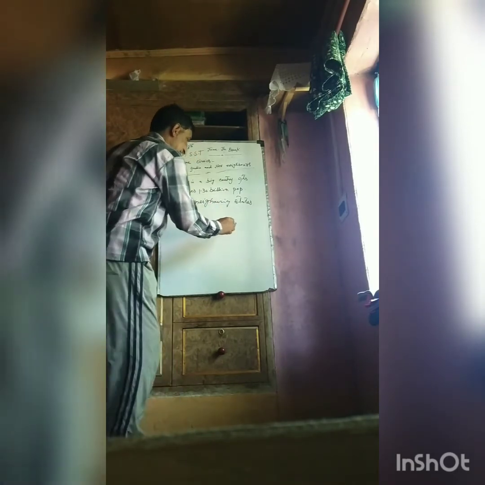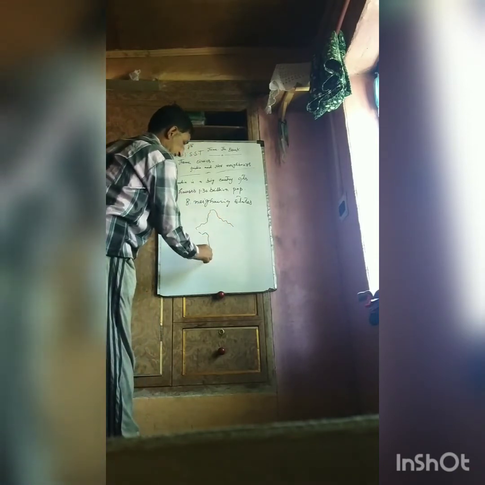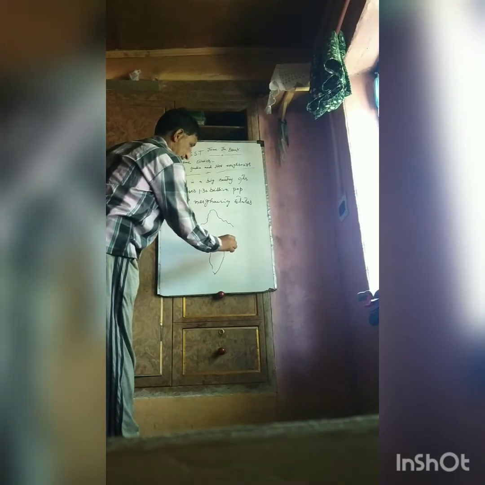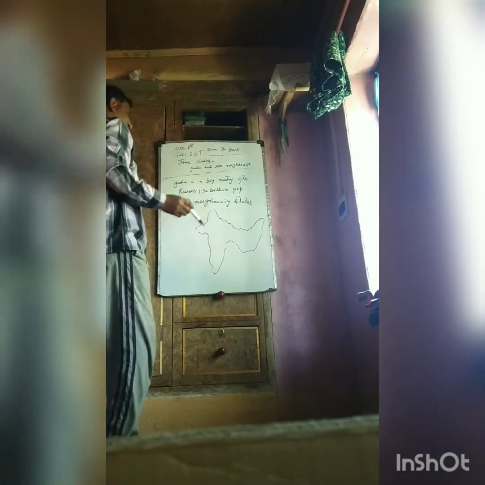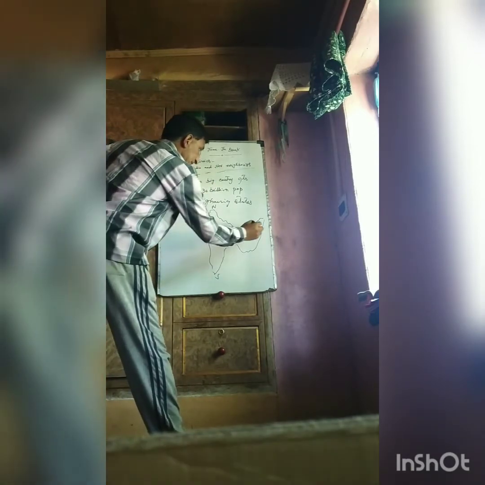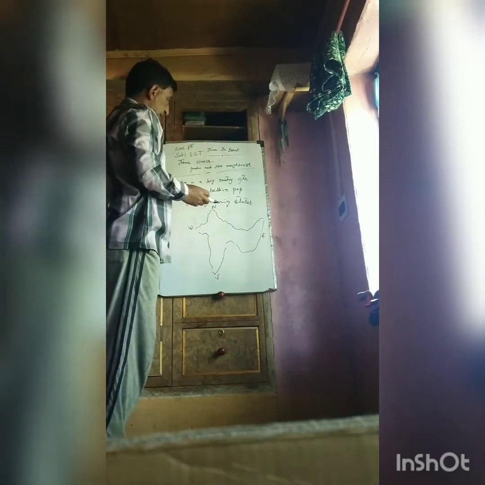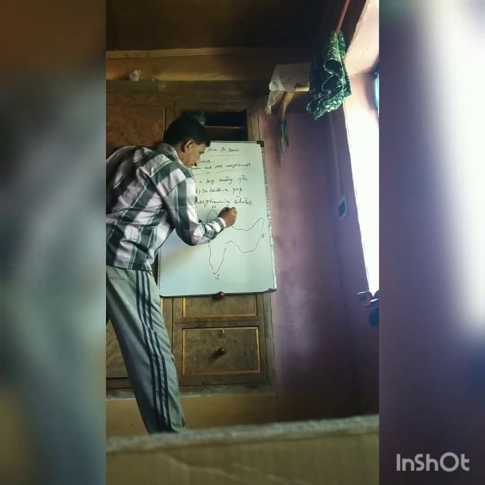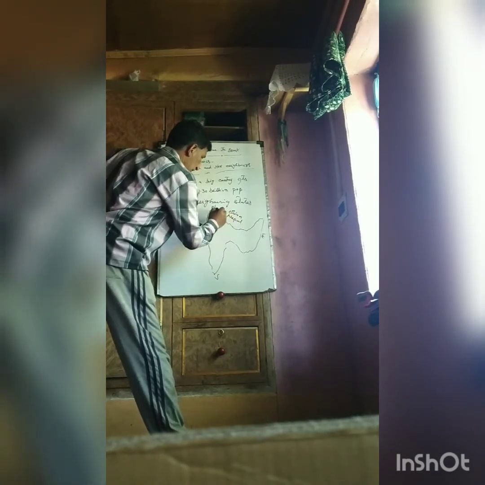If I can roughly make a map of India, this is a map of India. There is north, there is south, there is east, and there is west. In the north we have China, Nepal, then Bhutan.